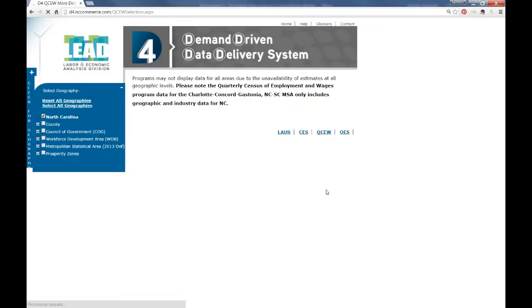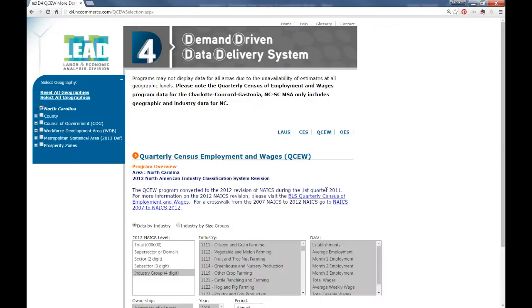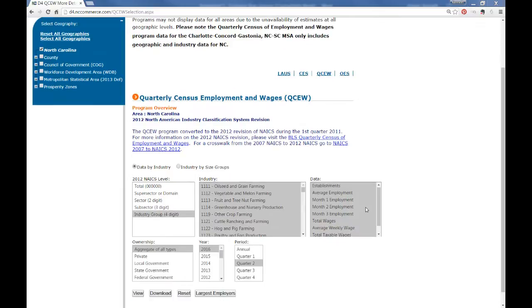I will post this in an email to go out tonight with a reminder about this assignment as well as the next assignment. And what you see in this Quarterly Census of Employment and Wages is that it allows you to look at multiple sectors and look at the ownership of those jobs across sectors.